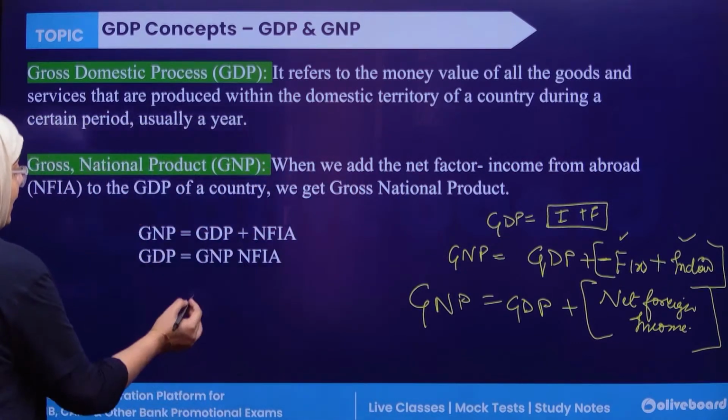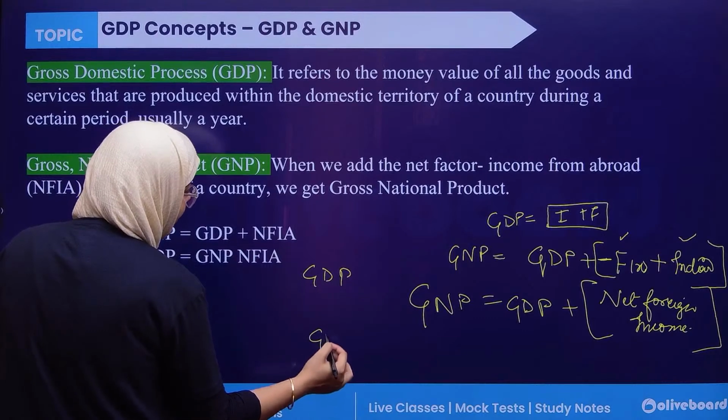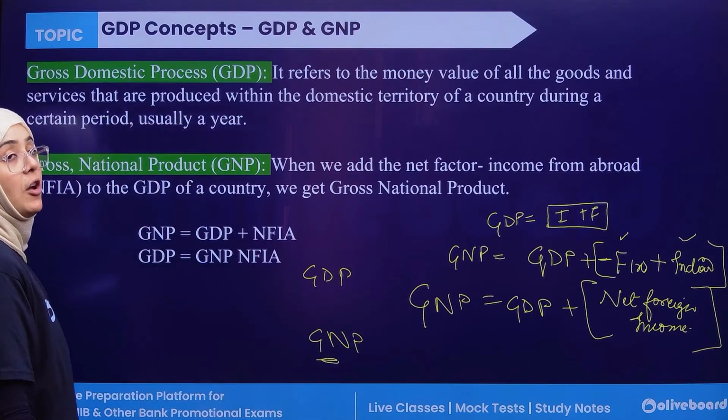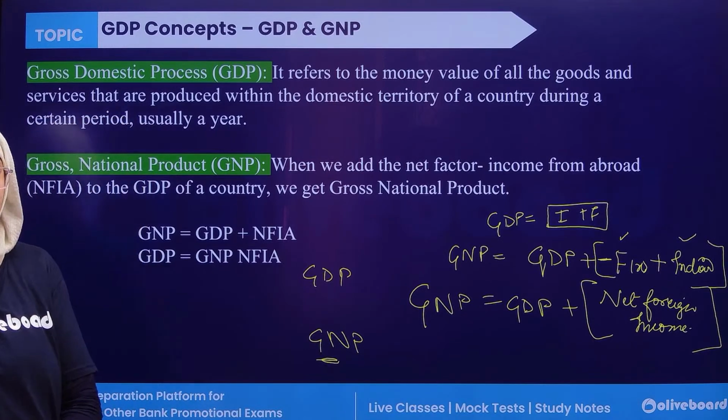Now how to convert it? Very simple. See, this is GDP, this is GNP. So GNP is all inclusive of net foreign income and GDP is all exclusive of net foreign income.